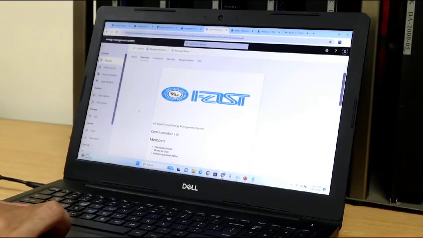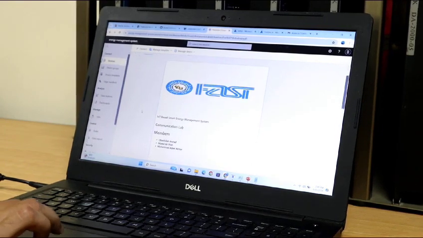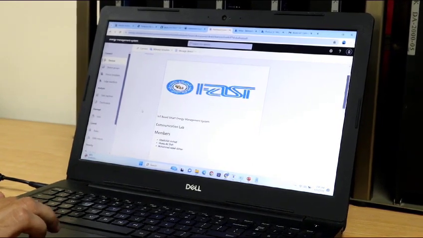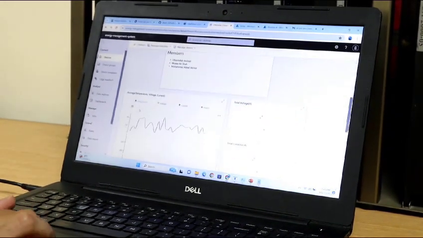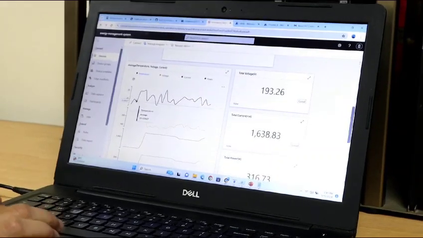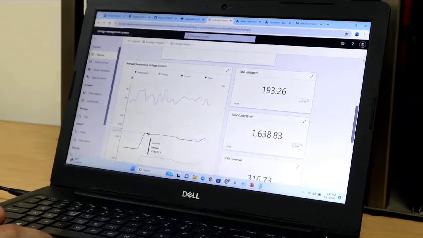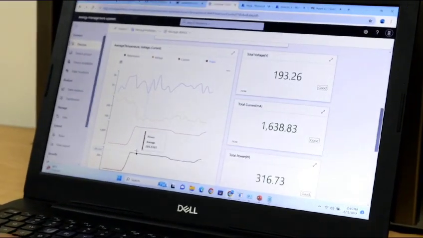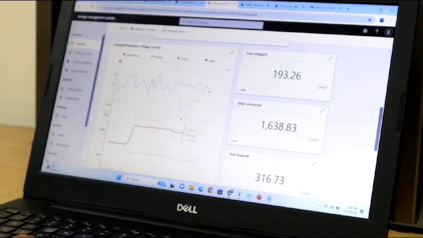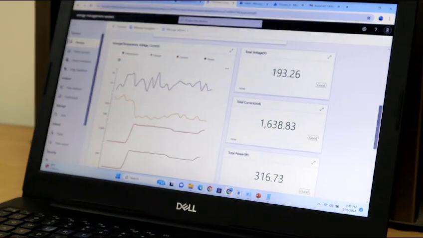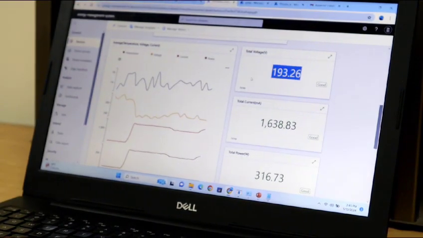So this is our IoT Central application, and our first portion is the data monitoring. You can see these graphs. These graphs tell us the temperature, voltage, current and power consumption of our communication lab, and these instantaneous values are shown in these integers.